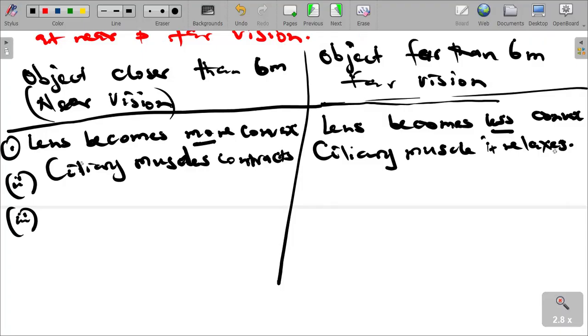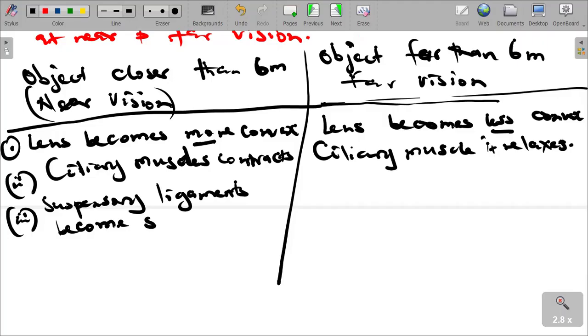And then the suspensory ligaments become slackened, meaning they are not pulled.